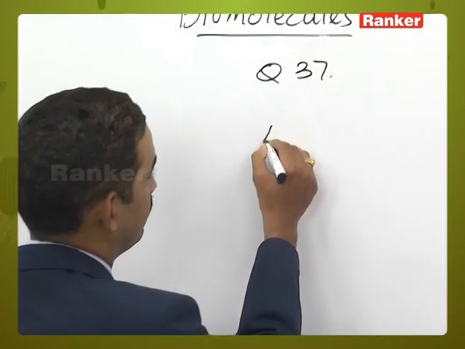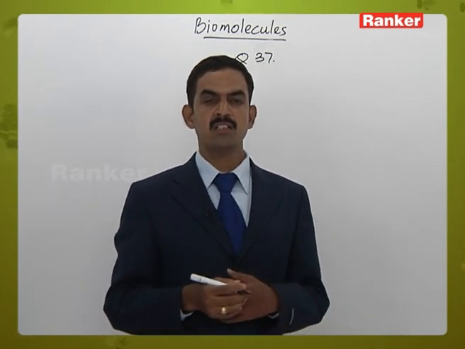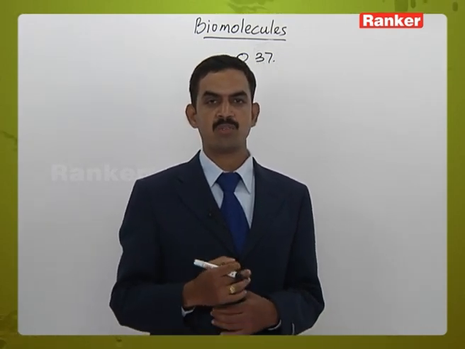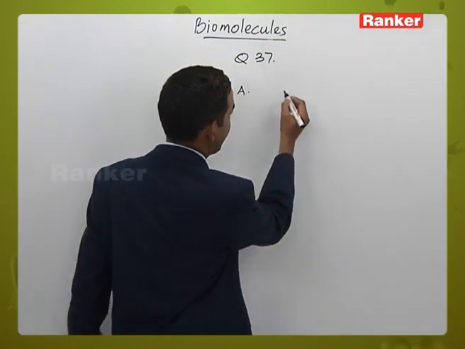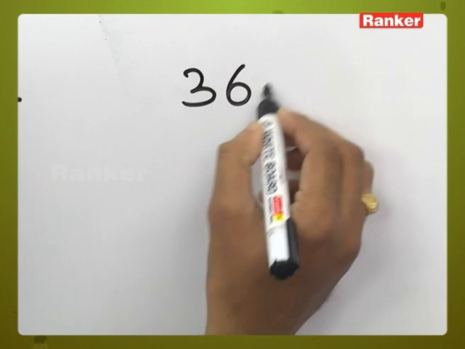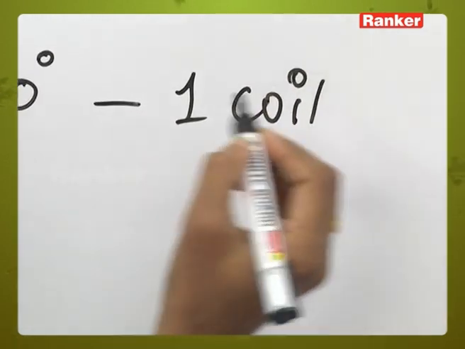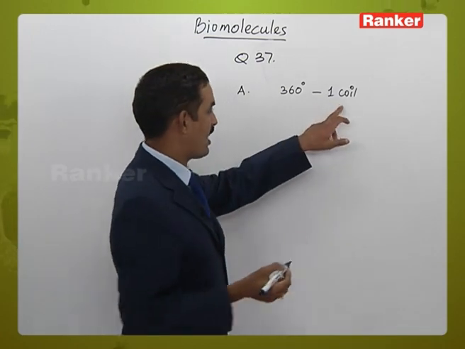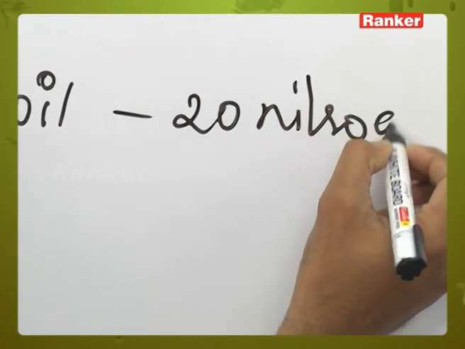A is related to the number of CN rings present in 360 degrees angle of double-stranded DNA molecule. So a 360 degrees angle means one coil of DNA molecule, and as we know, one coil of DNA molecule contains 20 nitrogen bases.